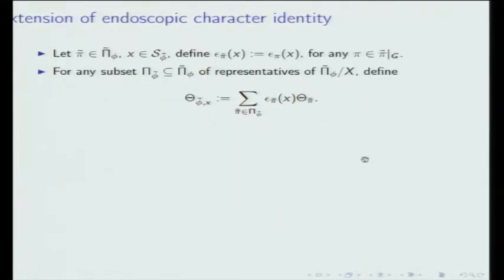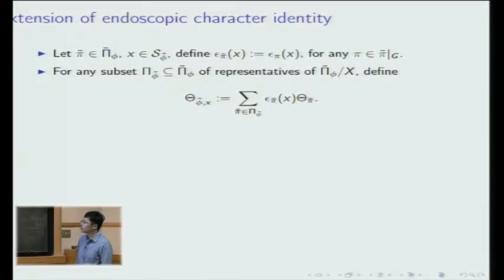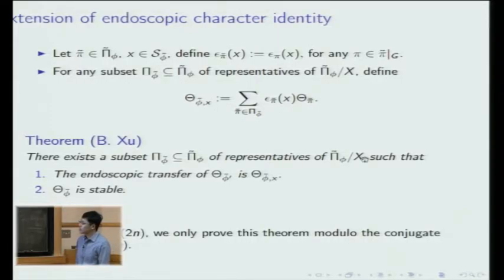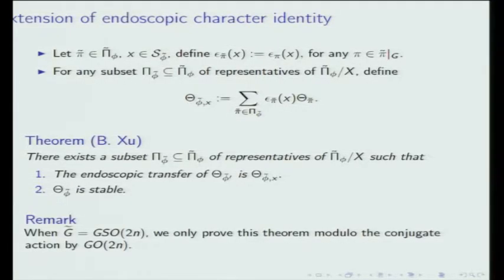Okay. So now you can define these coefficients for G tilde, and then for any subset of representatives, which we think will be the candidate for the packet of G tilde, you can always define these characters. So the theorem we want to prove is that you can always make a choice so that the subset of representatives will be the endoscopic transfer of the one that you set up on the endoscopic group.